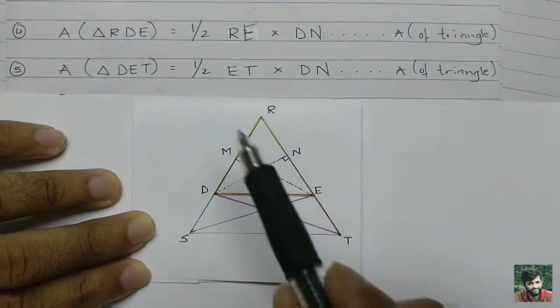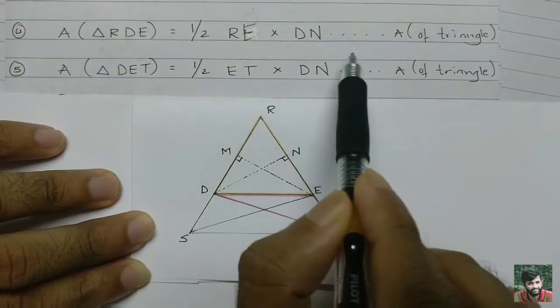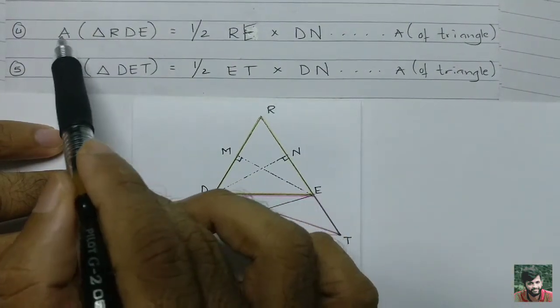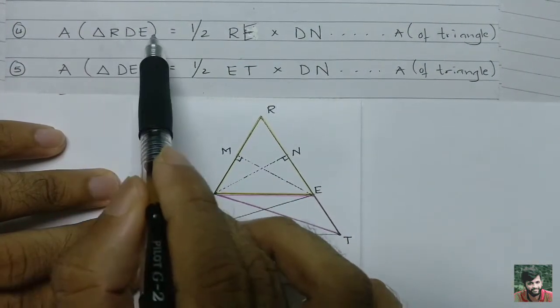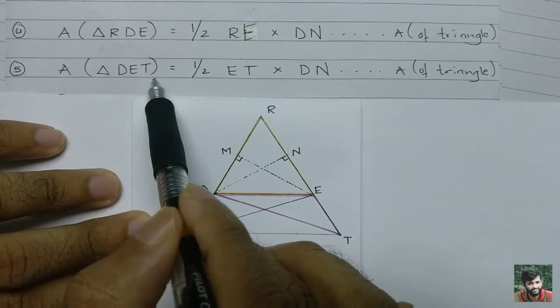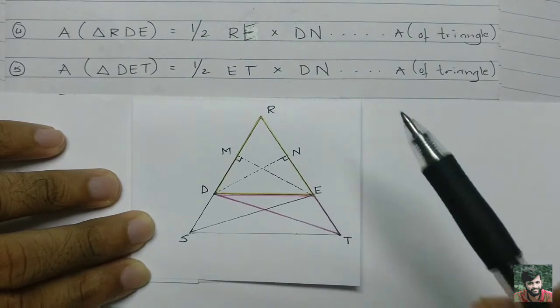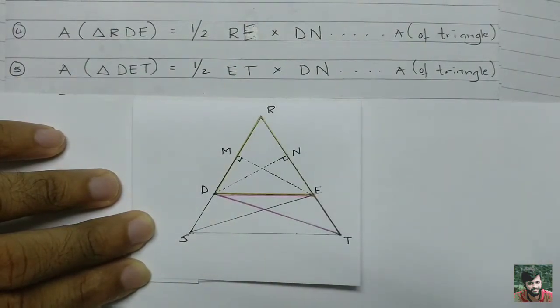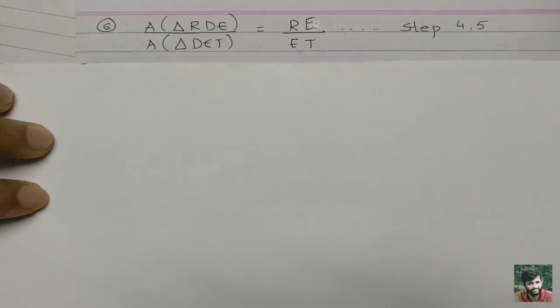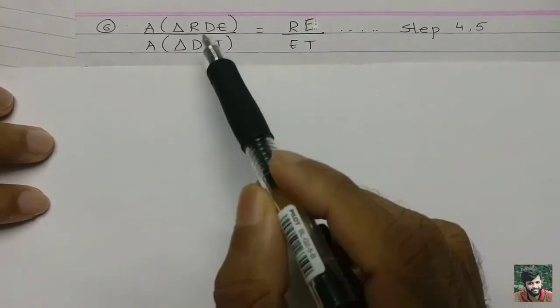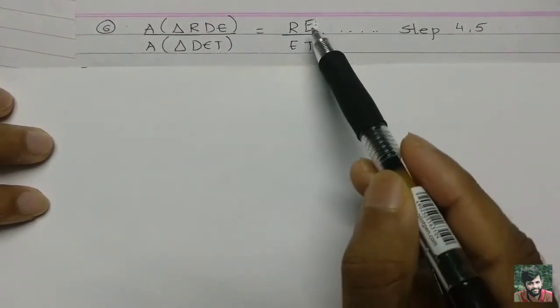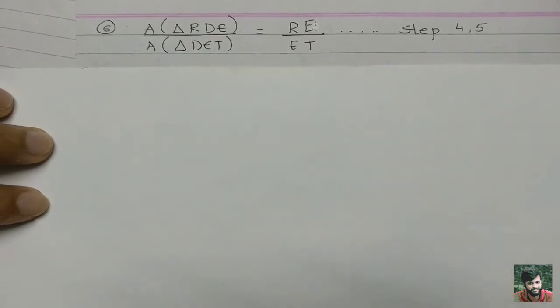Now sixth step, again we are going to divide this, and so it will become area of triangle RDE upon area of triangle DET. Half and half will get cancelled. DN and DN will get cancelled, and what will remain is RE upon ET. So I have written area of triangle RDE upon DET is equal to RE upon ET.